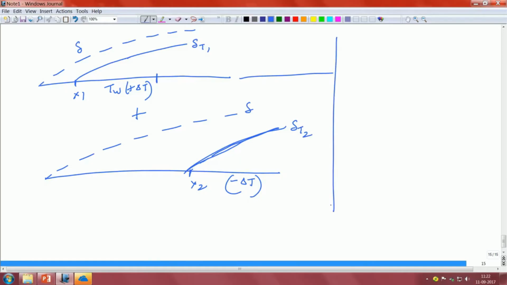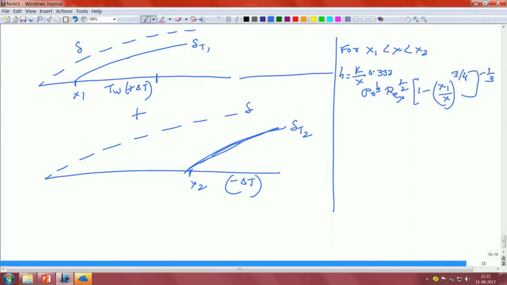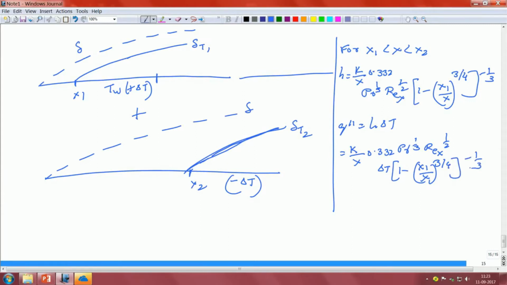So if this is the situation for x greater than x1 and less than x2, h will be given as k by x into 0.332, Prandtl number to the 1/3, Reynolds number to the half, this portion remains the same regardless, times 1 minus (x1 by x) to the power of 3/4, all to the power of minus 1/3. q double prime is h into delta T, that is given as k by x times 0.332, Prandtl number to the 1/3, Reynolds number to the half, delta T, times 1 minus (x1 by x) to the power of 3/4, raised to the power of minus 1/3.